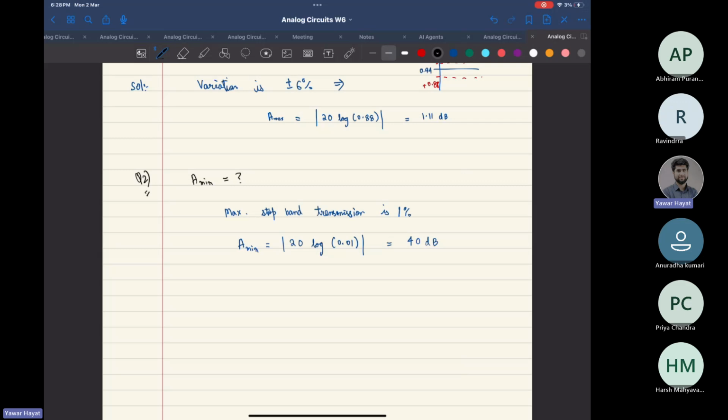It's in fact also referred to as maximally flat magnitude filter. The magnitude of the frequency response G of omega would be 1 by square root of 1 plus omega raised to 2n. I assume you already know this; I just wanted to review it again.